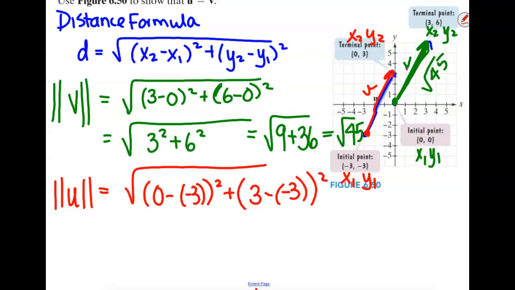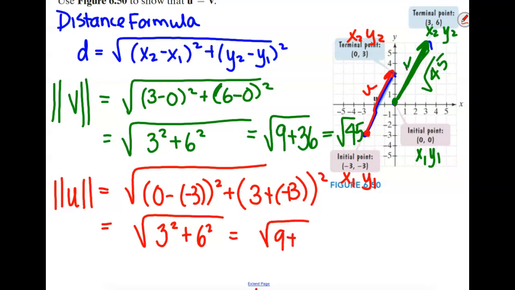Simplify it. 0 minus negative 3 is a positive 3 squared, plus 3 minus negative 3 is a 6 squared. Square root of 9 and 36 is the square root of 45. So this distance here is also the square root of 45. So we've now shown that these two are the same length.